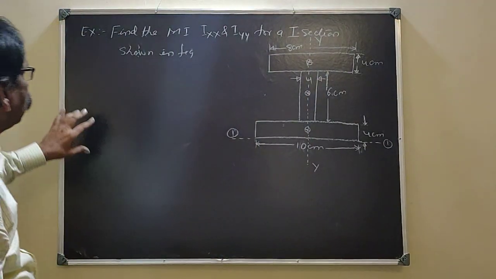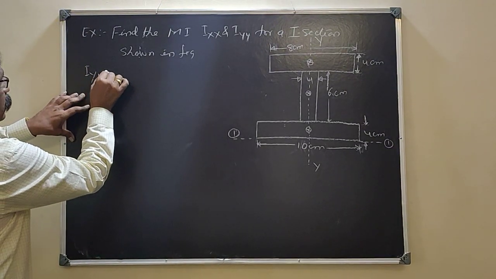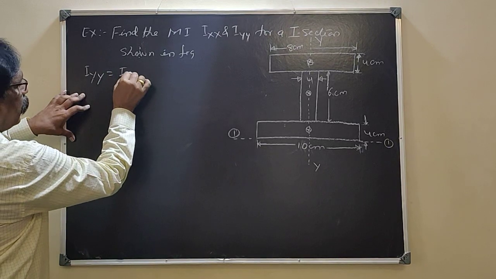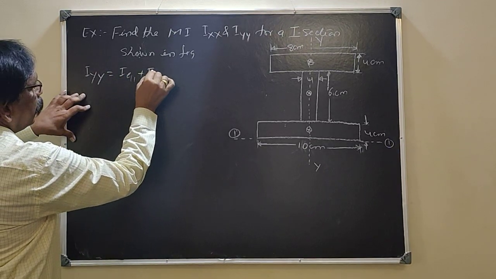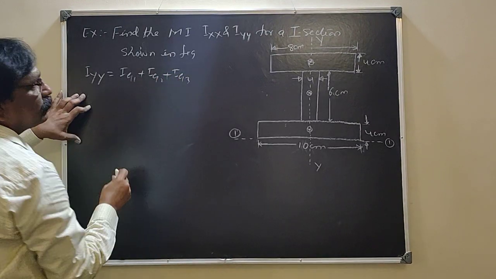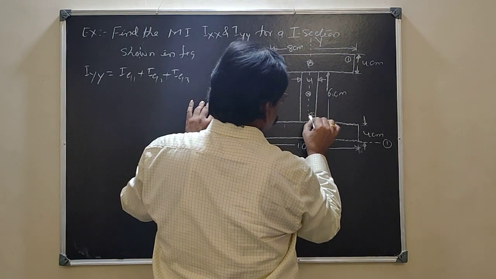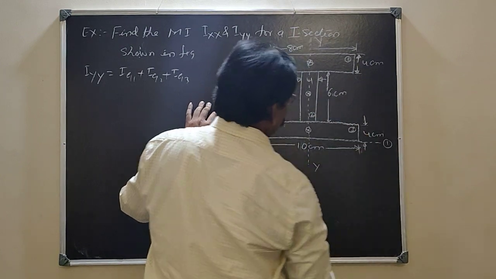So therefore, the moment of inertia, that is Iyy, is directly obtained. That means Ig1 plus Ig2 plus Ig3, where I will call this unit 1, this is 2 and this is 3.